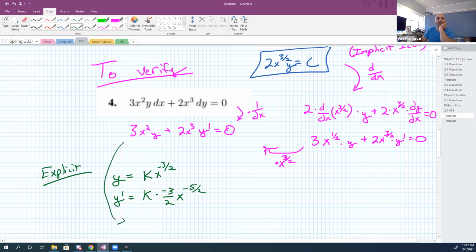So I'm going to evaluate this at these. I'm going to get 3x squared times a constant times x to the minus 3 halves plus 2x cubed times a constant times minus 3 halves x to the minus 5 halves. And I'm wondering, is this equal to 0?